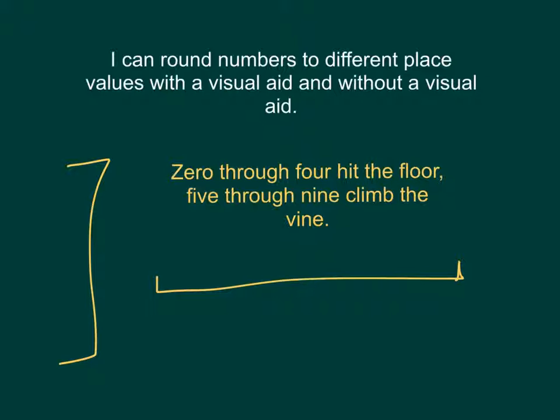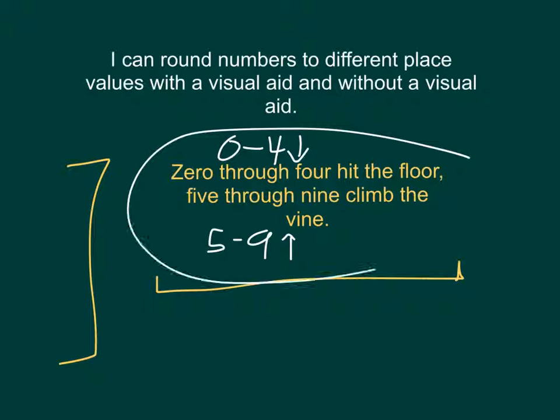Without the visual aid, you can remember this rhyme, or you can remember that 0 through 4 is going to round down. 0 through 4, hit the floor, round down. And 5 through 9, climb the vine. It's going to go up. So this is something you could use without the visual aid, or you could use a number line as a visual aid.